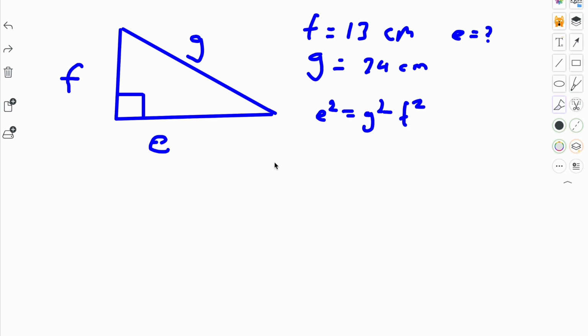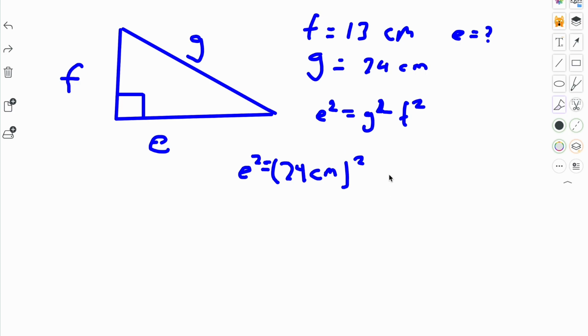All right, so we can write down what we have first. We don't know what E squared is, so E squared stays the same, equals, we have our G, and we know G is 24 cm. What I like to do is keep everything in brackets, because otherwise it could be just cm squared, which is not what you want. So bracket squared, and we're subtracting, sorry, this is a really bad subtraction sign.